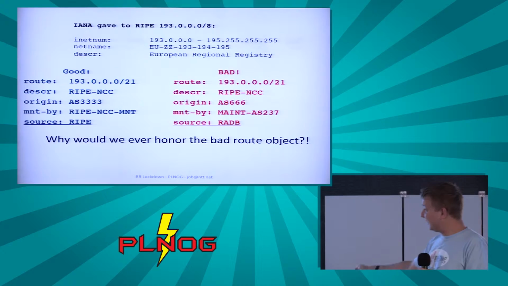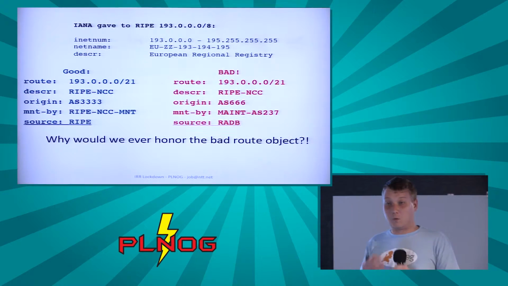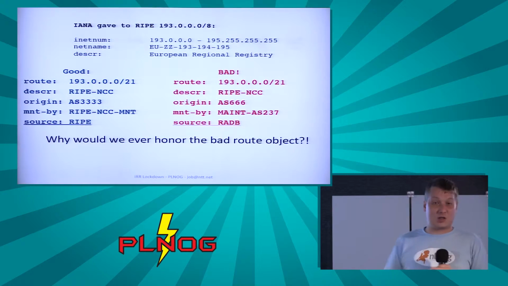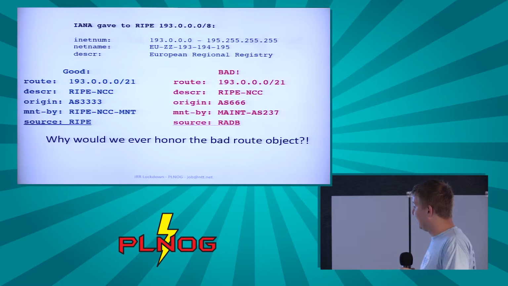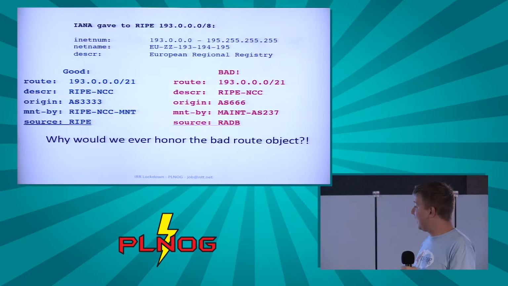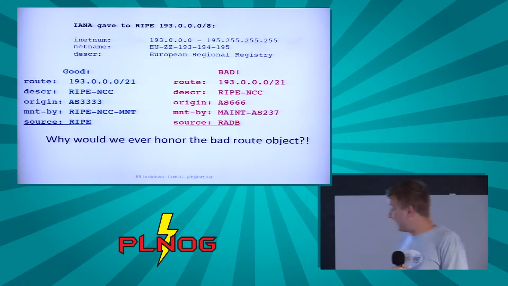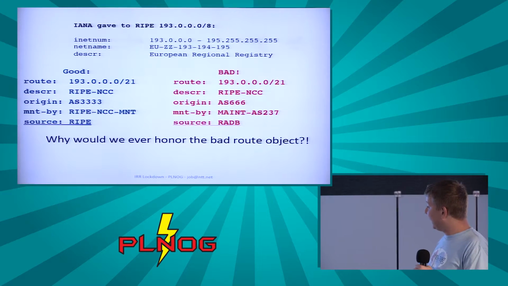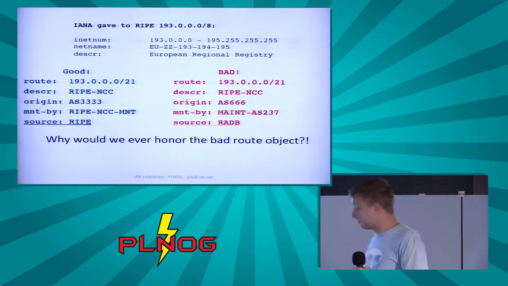On the right side, we have a route object that under normal circumstances will be honored, because people do not differentiate between where space should be registered. What we can see here is that some rogue assailant put in 193/21 with a different origin, 666 in this example, and it is stored in an entirely different database, the RADB database.